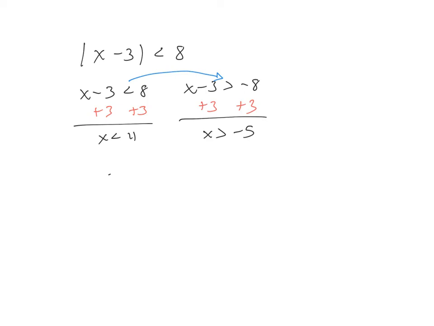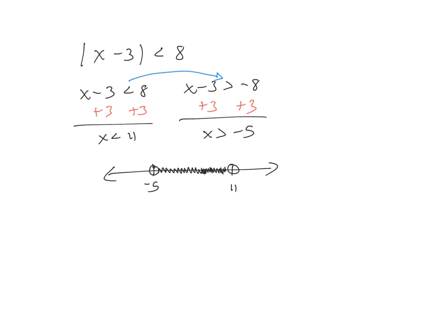So when I go to do a number line, negative 5 is over here. 11's over here. They're both just less than or greater than. They're not or equal, so I don't color in the circles. So this one says less than 11 means go this way. Greater than negative 5 means go this way.